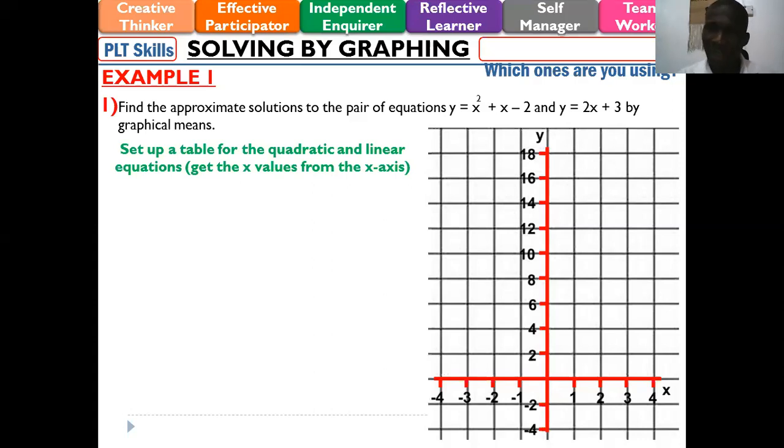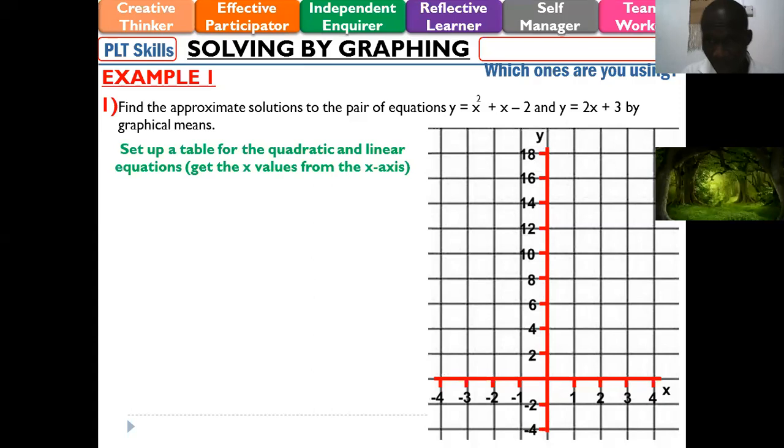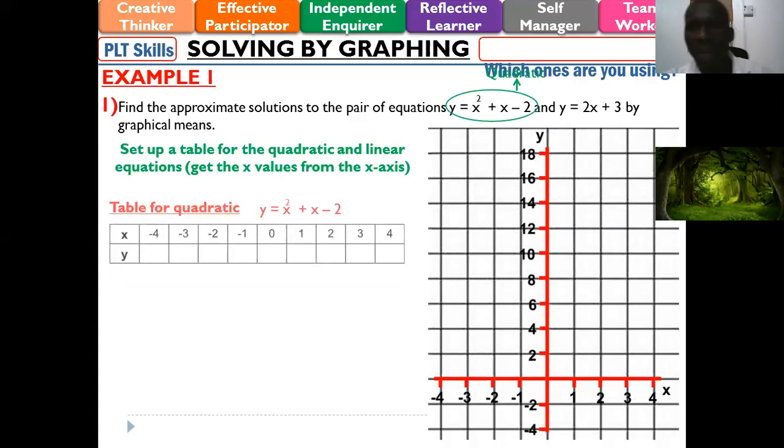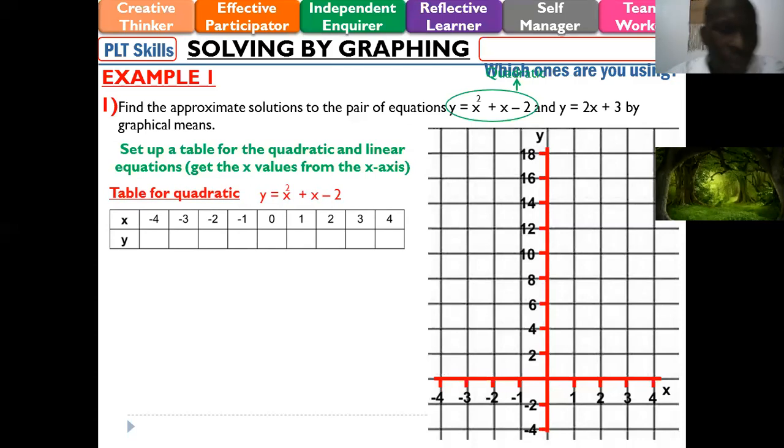Since you have y equals x squared plus x minus 2, and also y equals 2x plus 3, for every value of x there will be a corresponding value for y, and that is what you want to do. Now, that is a quadratic equation, and the other is of this form.